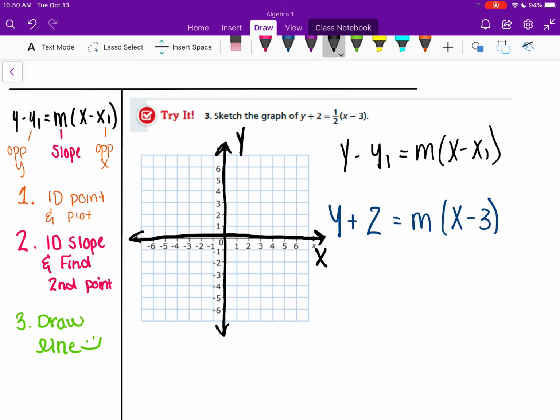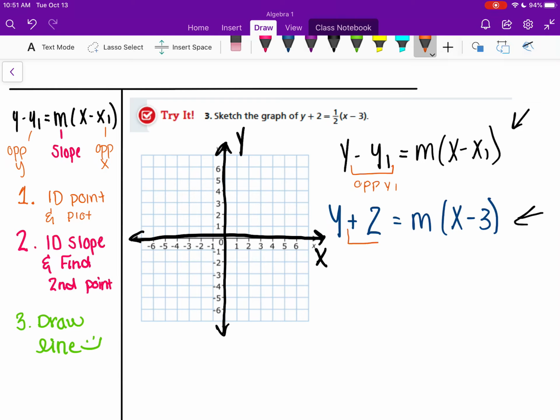And what I've done is I've written down our point slope form, and I've written down the equation we are given. What we need to do first is identify the point from that equation and then plot it on the graph, because we're going to try and graph this line. So this minus y1 means opposite y1.